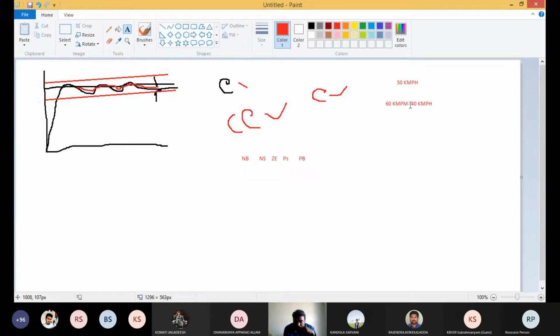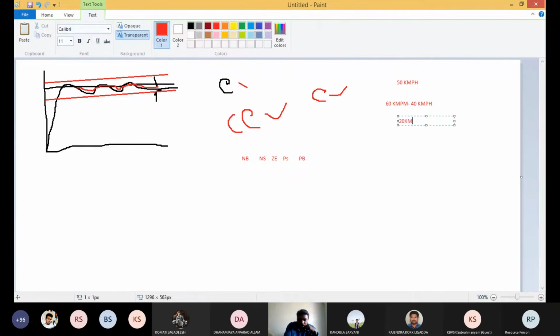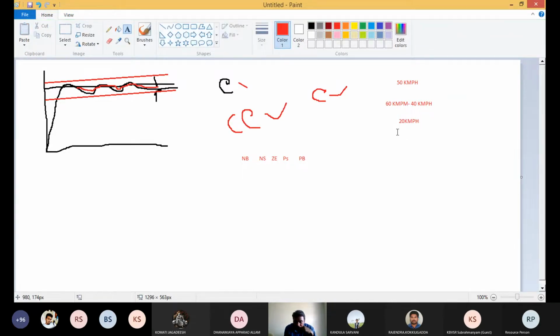The error value is 20 kilometers per hour. Now the error range is 20 kilometers per hour. But in between, what I need to get at 50 kilometers, I am getting zero error, because my expectation value is 50 kilometers only, but it is ranging from 60 to 50.